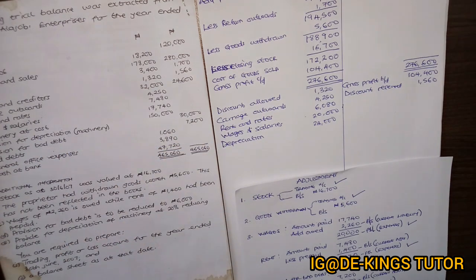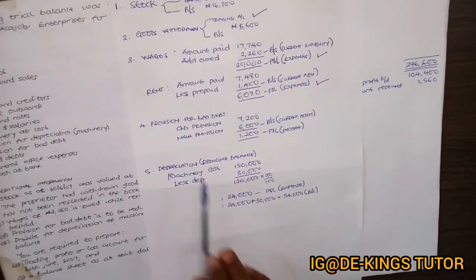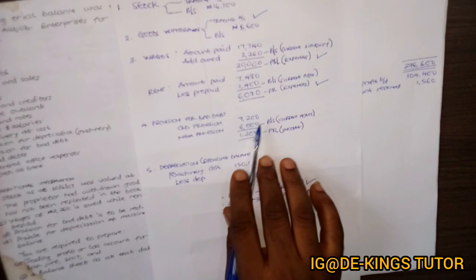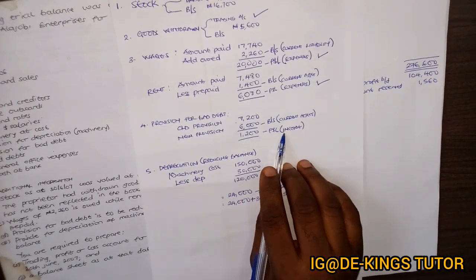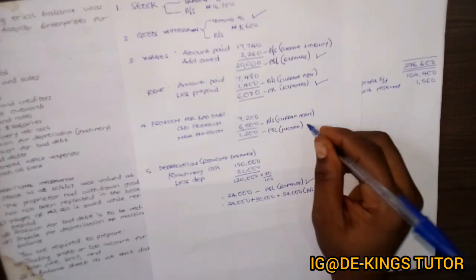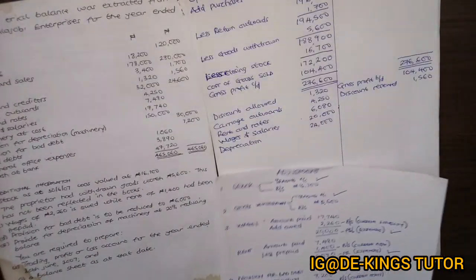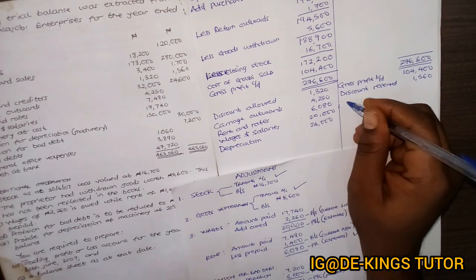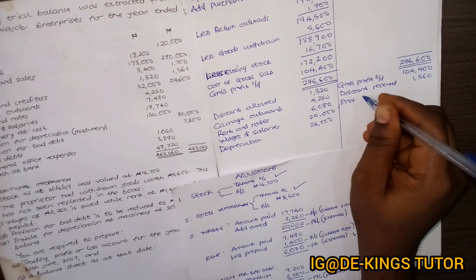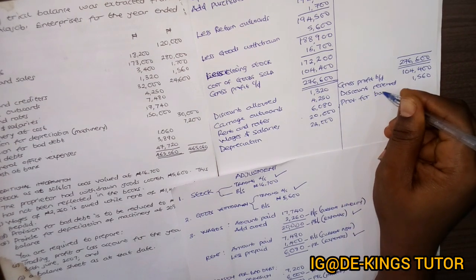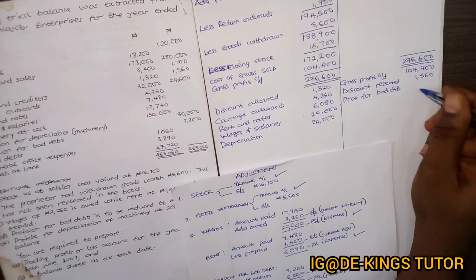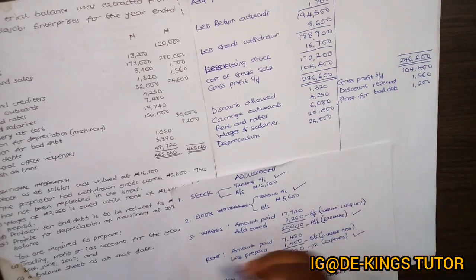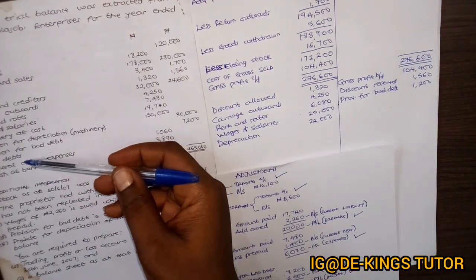Okay, the next one, provision for bad debt. We did an adjustment, so we have recorded this. For the provision for bad debt, this is the amount coming to the profit or loss account as income, 1,2. So we'll take it and record it here. Okay, so we have provision for bad debt as 1,2.